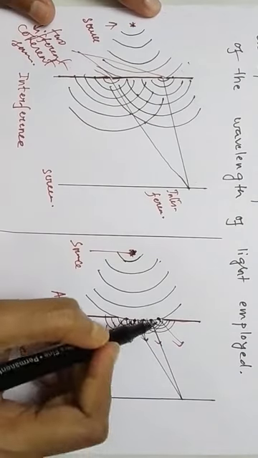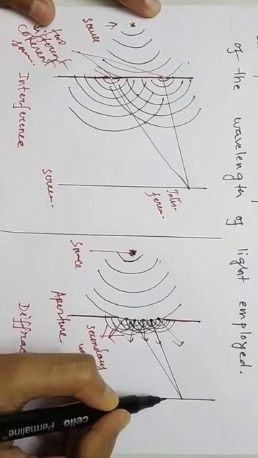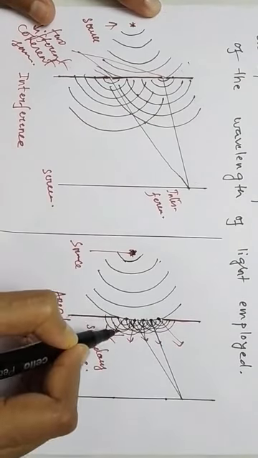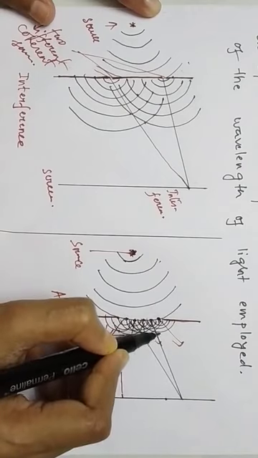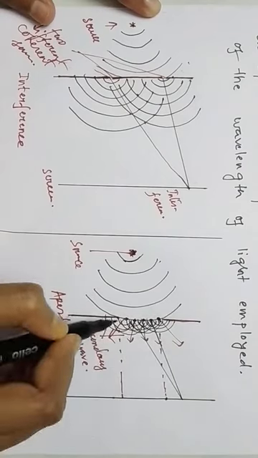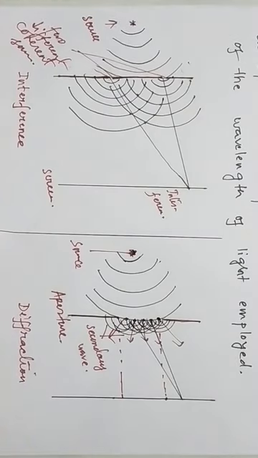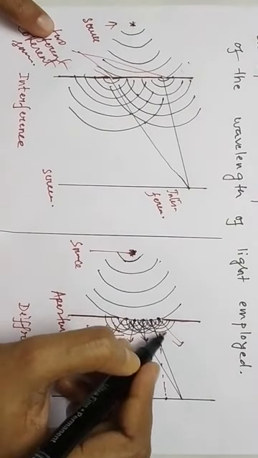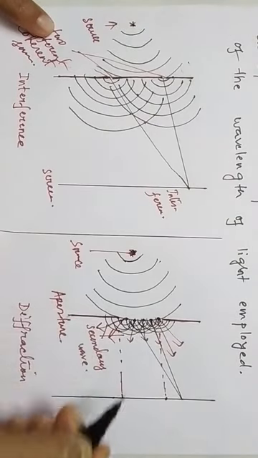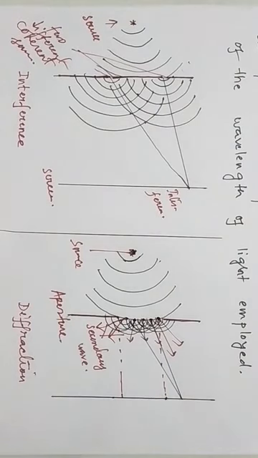Generally light should reach only the region just in front of the opening, but these secondary wavelets spread in every direction in the forward direction.